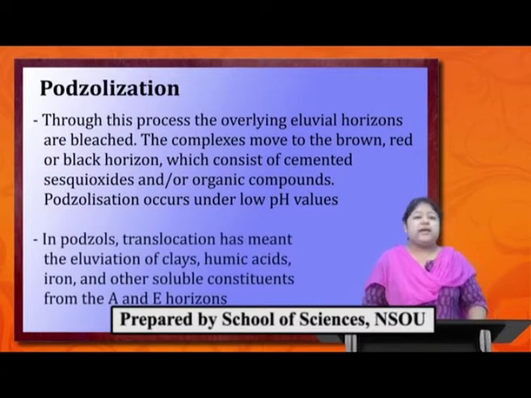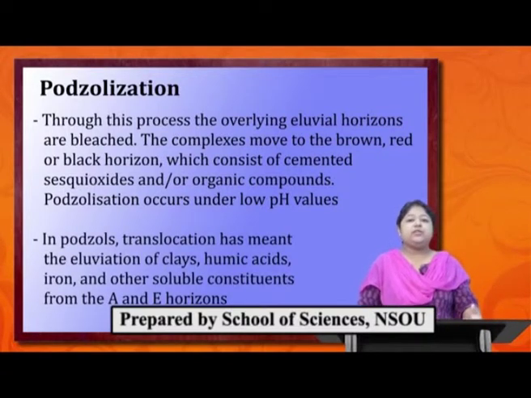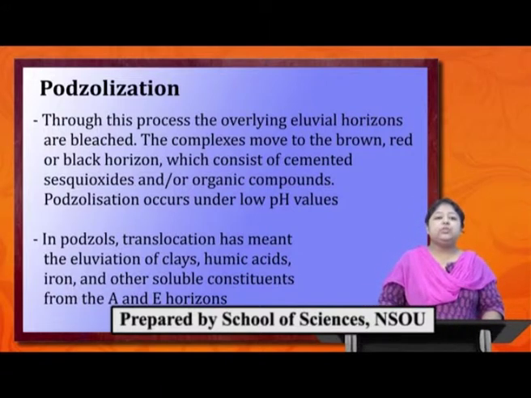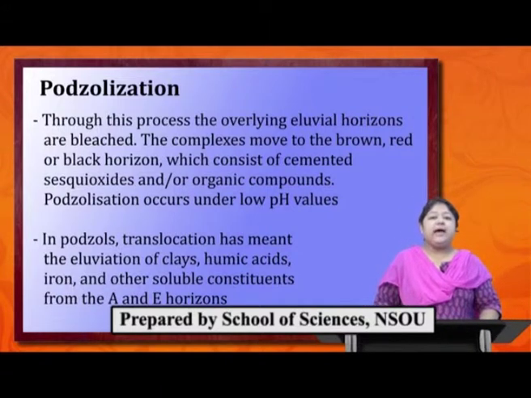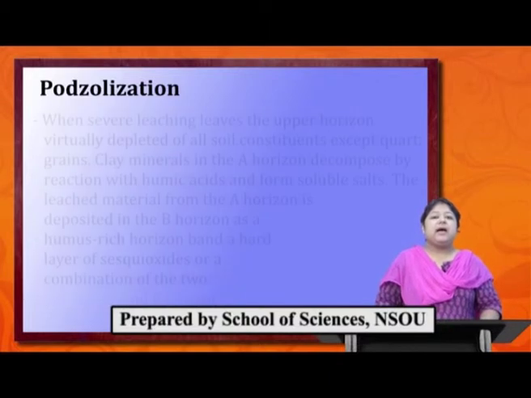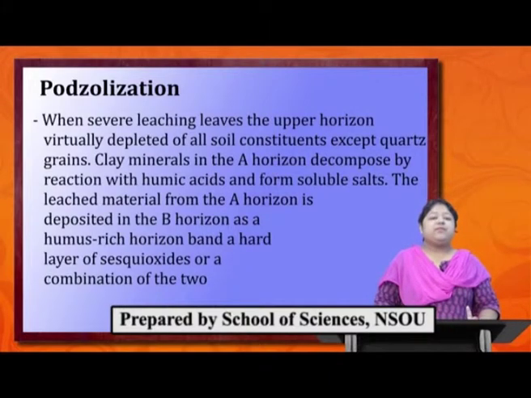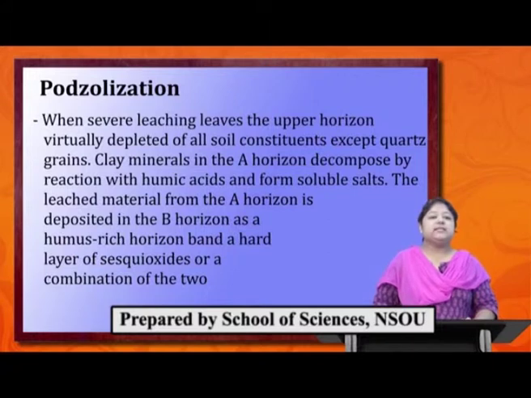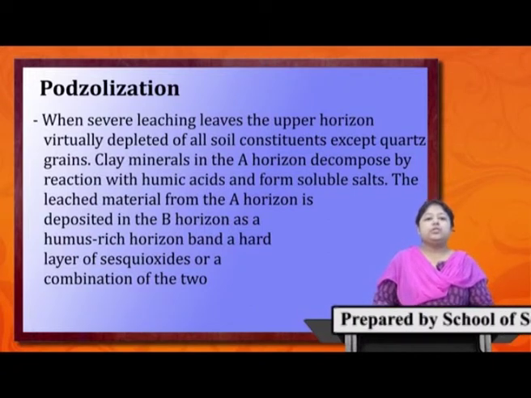Now, translocation has meant the illuviation of clays, humic acids, irons and other soluble constituents from the A and the E horizon. And what happens? There is severe leaching, which leaves the upper horizon virtually depleted of all the humic acids in the form of soluble salts.